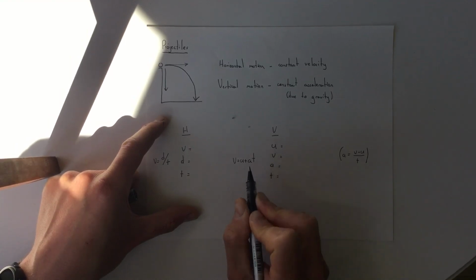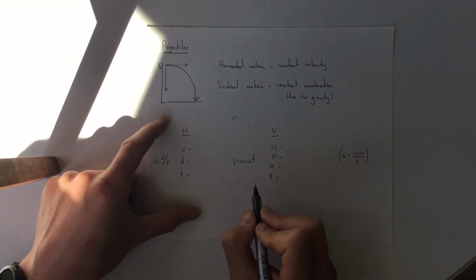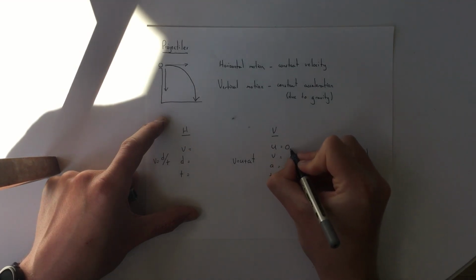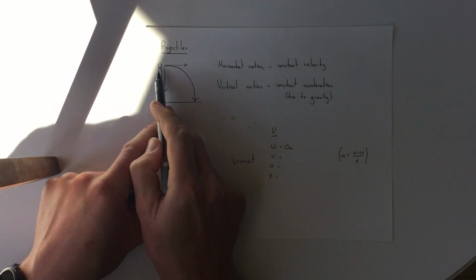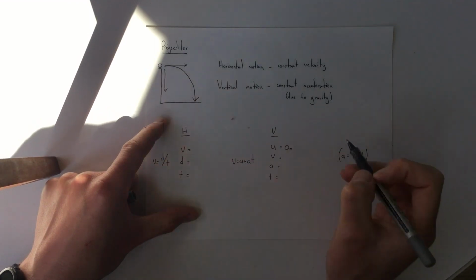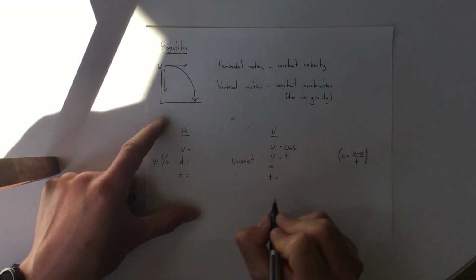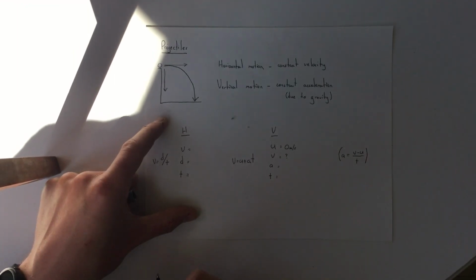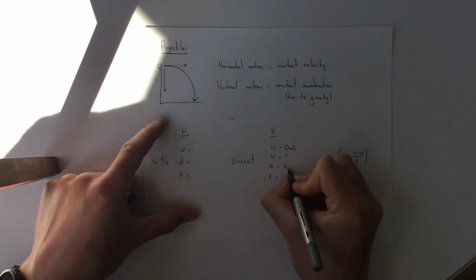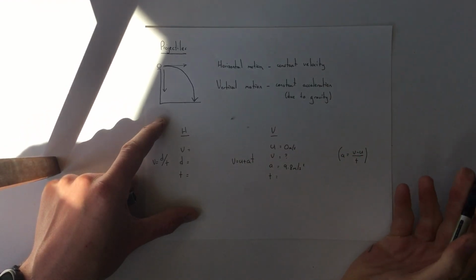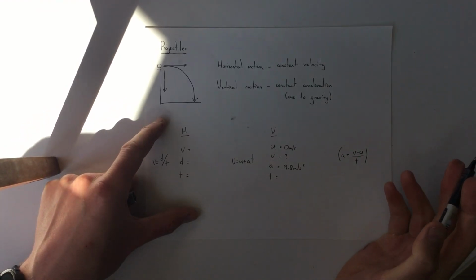In every National 5 question, this will make it really easy for you: the initial speed will always be 0, because you're starting off at some sort of cliff, so 0 meters per second. You won't know your final speed. It will give you a time, but your acceleration will always be 9.8 meters per second squared.